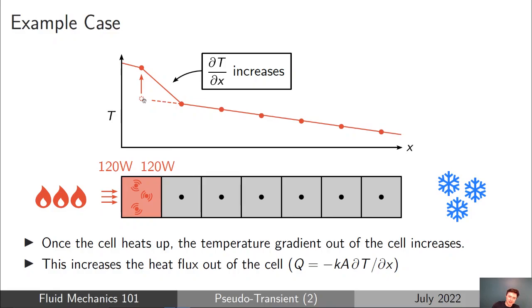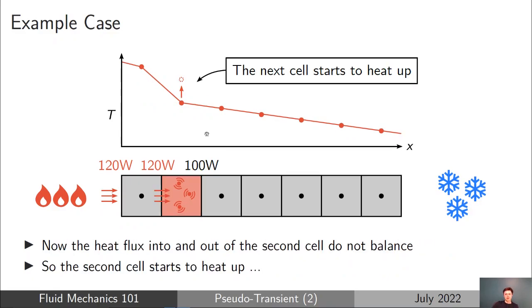As the temperature of this cell moves up, the gradient increases until we reach a point where we have 120 watts coming in, 120 watts going out, and so there's no more accumulation of internal energy or thermal energy in this cell. This cell is now balanced in terms of energy going in and energy going out.